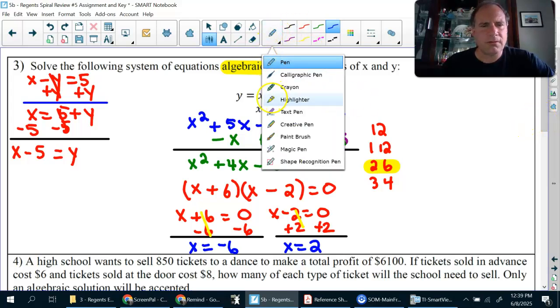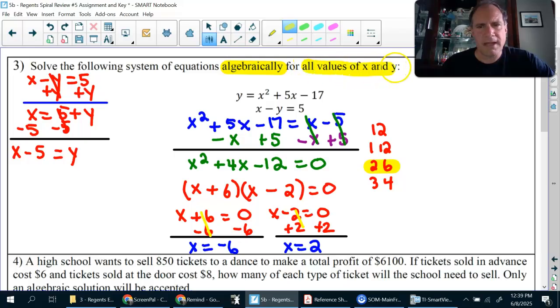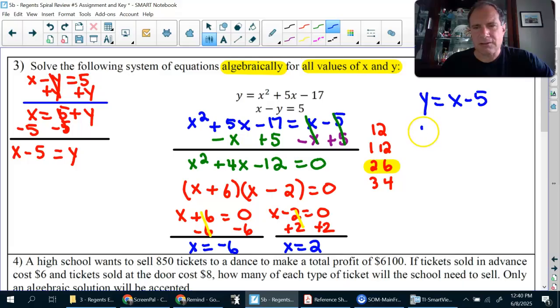So now you have the x's, but you need the y's. It says all values of x and y, and look, I solved for y here. So I'm going to use this: y equals x minus 5. So when x is negative 6, y equals negative 6 minus 5, which means y equals negative 11.